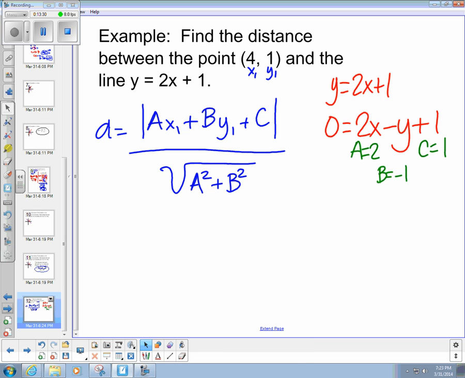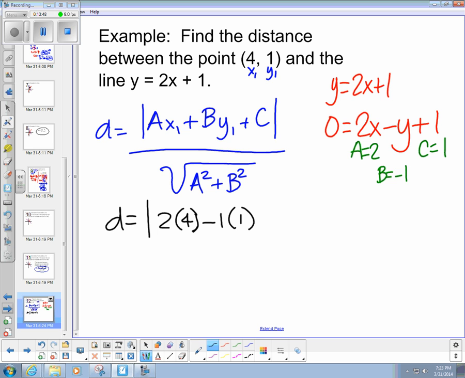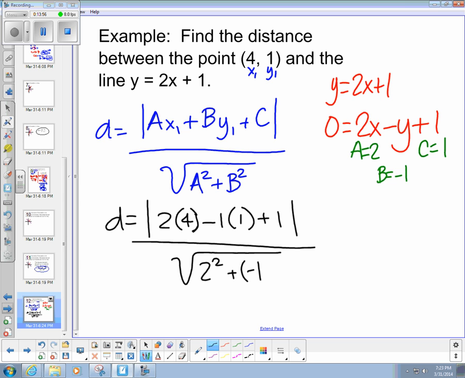So let's plug our numbers into our formula. So distance equals the absolute value of 2 times 4. And then b is negative 1, so minus 1 times 1 for y1, plus c, which is 1, over the square root of 2 squared plus negative 1 squared, a squared plus b squared.